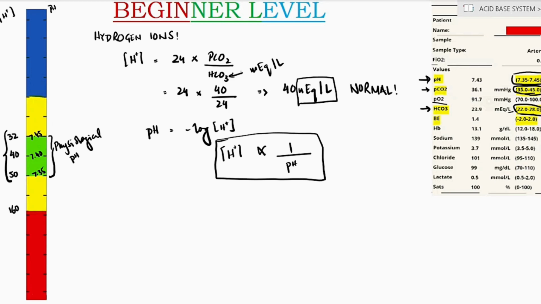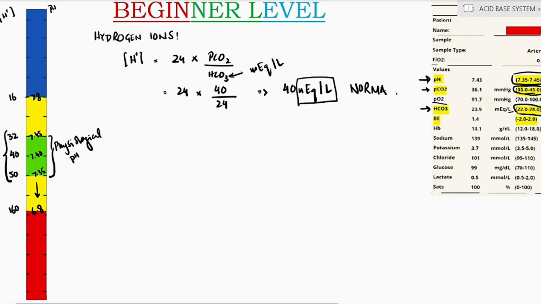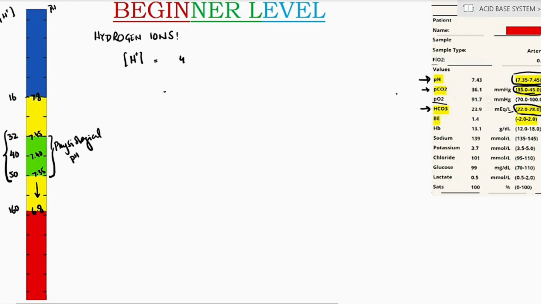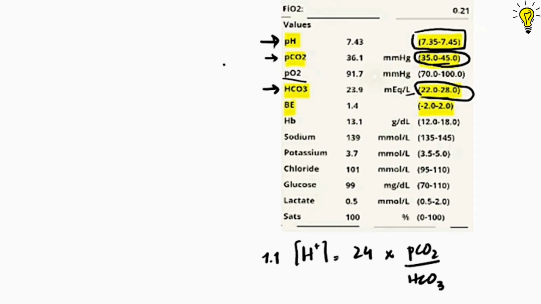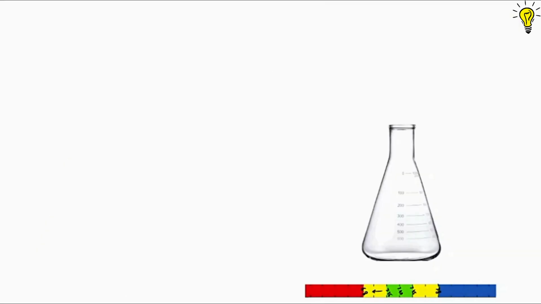Hydrogen ion concentration between 160 nano equivalent to 60 nano equivalent is compatible with life, that is pH of 6.8 to 7.8. Beyond this range, life is impossible. So I have marked these maximum zones in yellow. So let's place this equation visible for future reference as 1.1. Also note the traditional approach is relying heavily around CO2 levels and bicarb levels to dictate pH calculations.